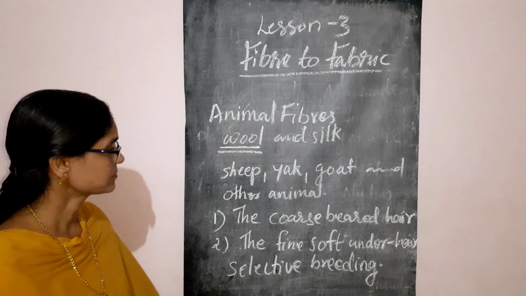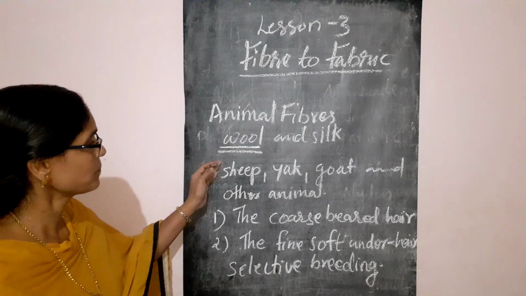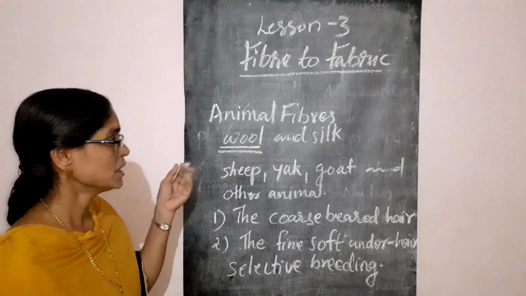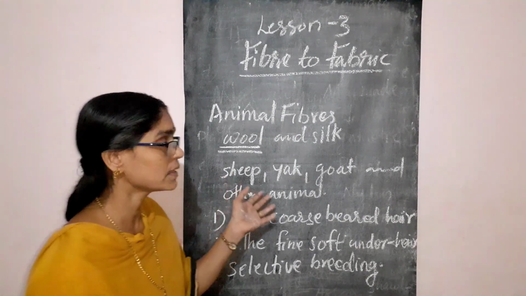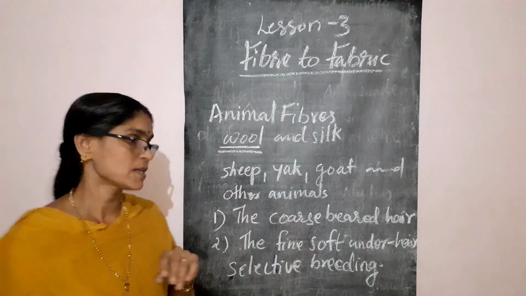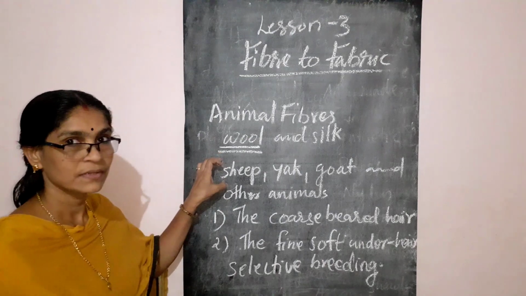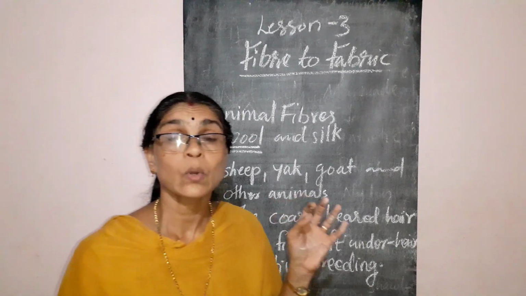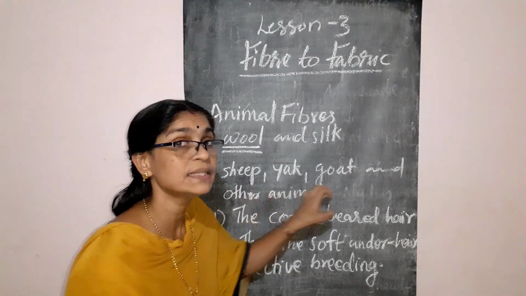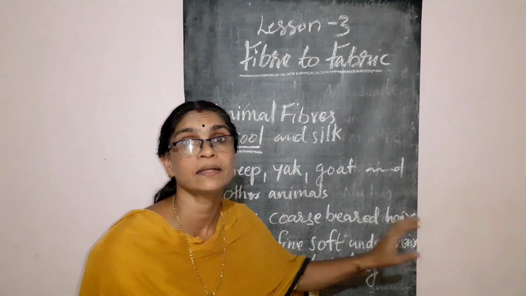Children, here we discussed the animals which provide us wool: sheep, yak, goat and other animals like camel, rabbits, etc. These animals have two types of fur on their body. One is the coarse beard hair and the second one is the fine soft under hair.